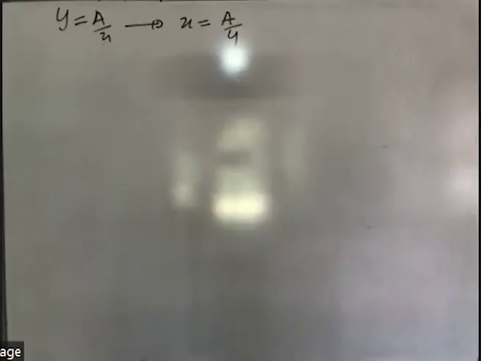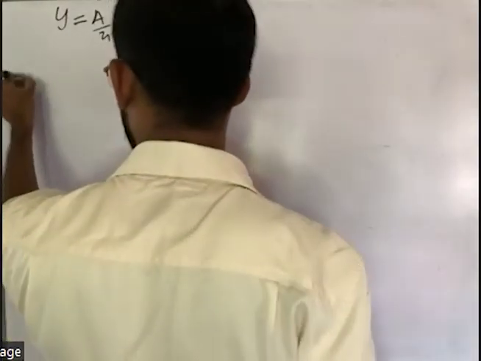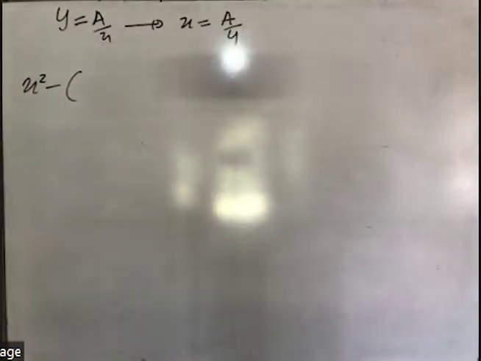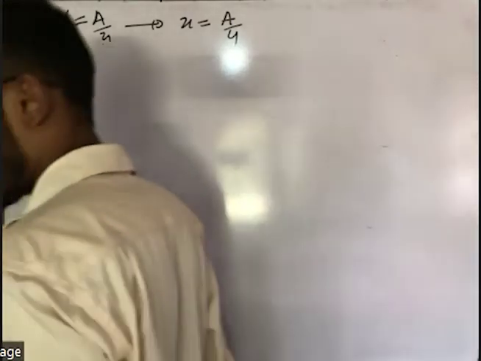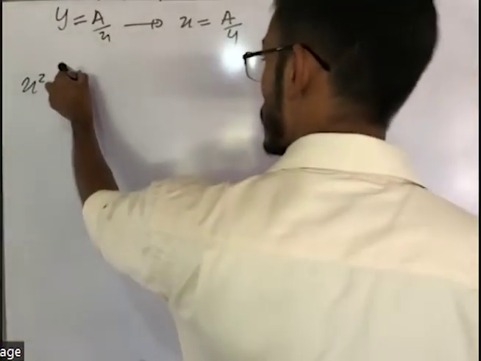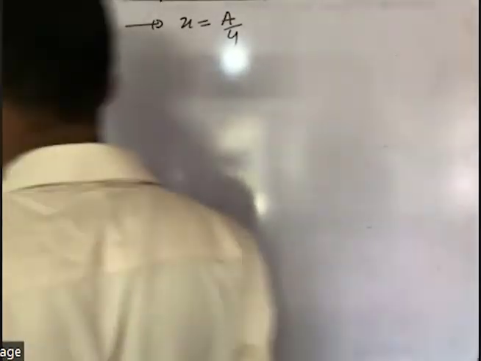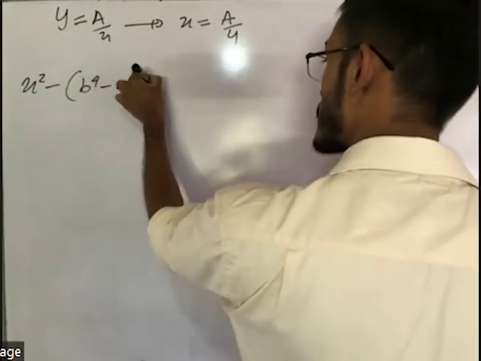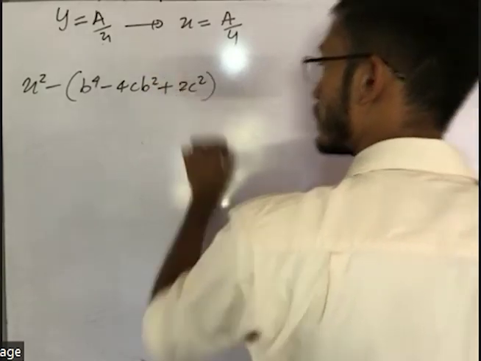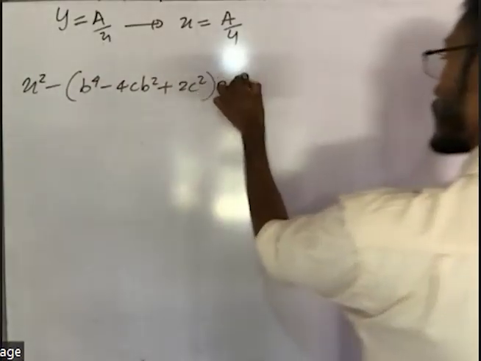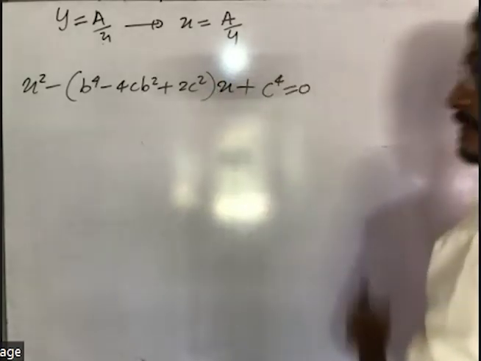So our equation was x square minus, right, p to the power 4 minus 4 cb square plus 2c square into x plus c to the power 4 equal to 0.